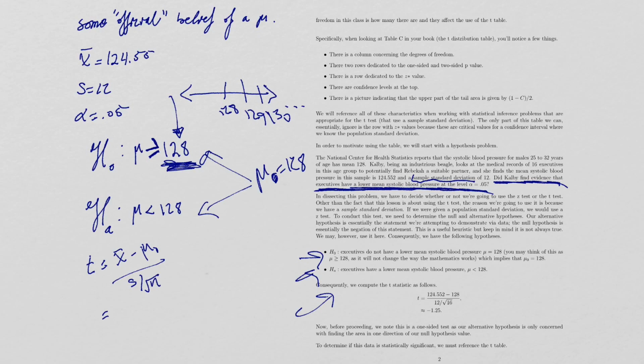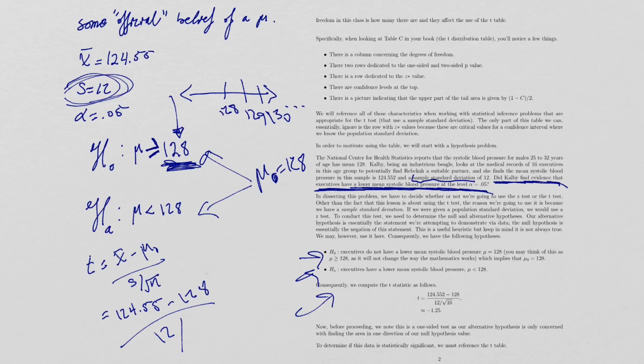And then plugging in our values, we've got that x bar is 124.55, we've got that mu naught is going to be 128, we've got that s value that was given to us right here, 12.